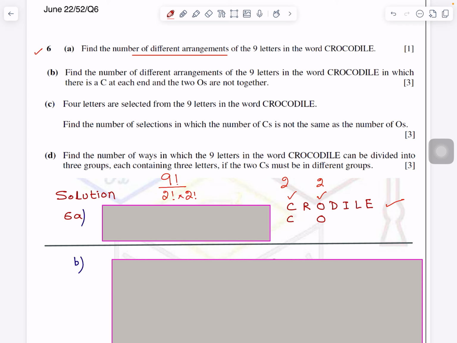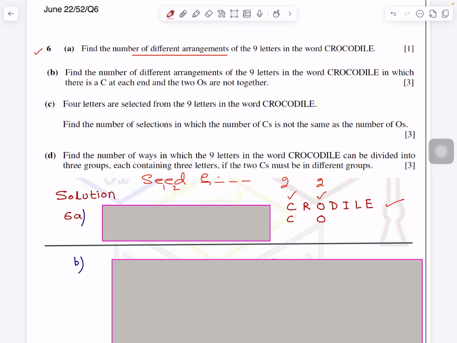Now, I hope you understand the meaning of this. If not, let me explain with one example, by taking a smaller example. Suppose there is a word seed and you are arranging the letters. Let me call them E1 and E2.